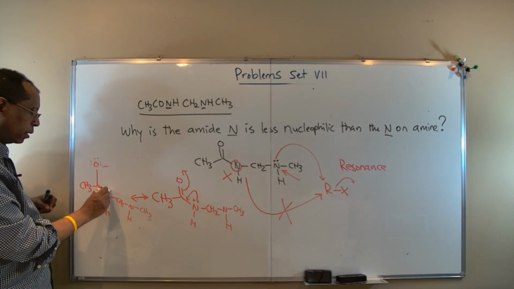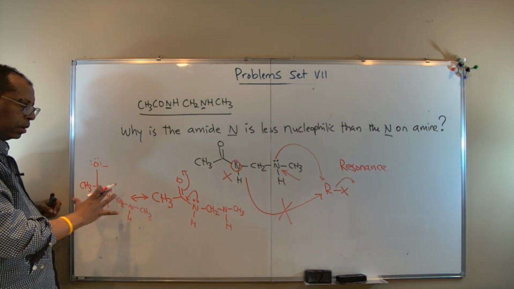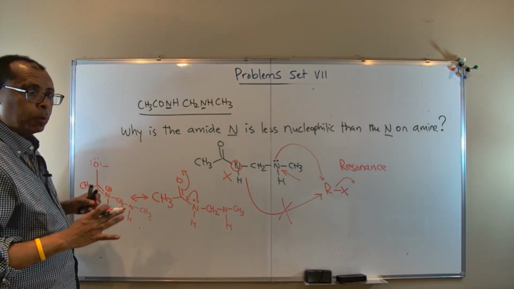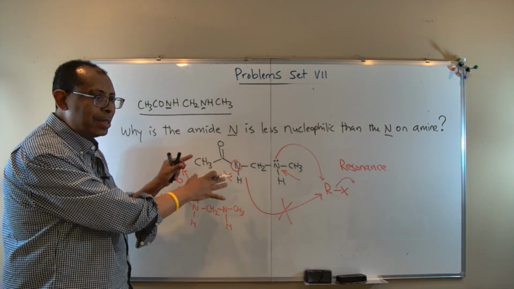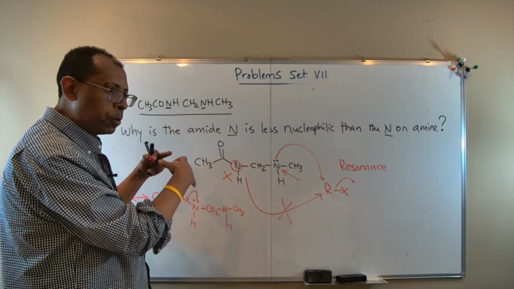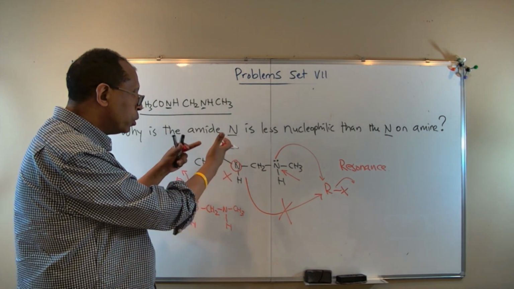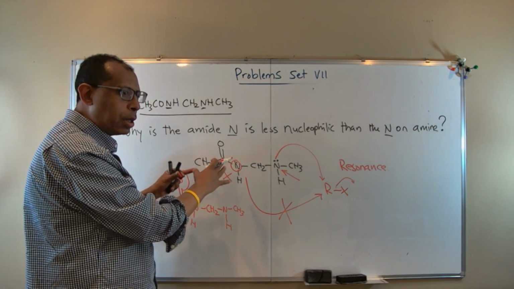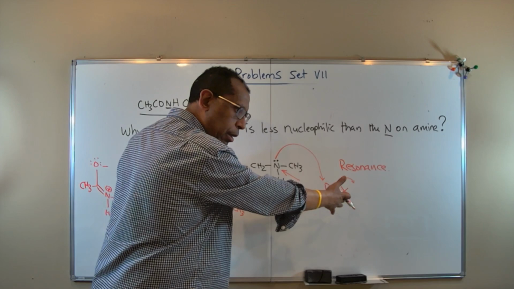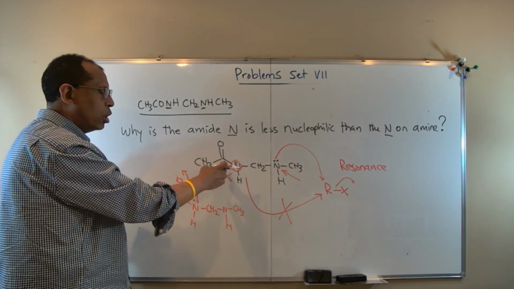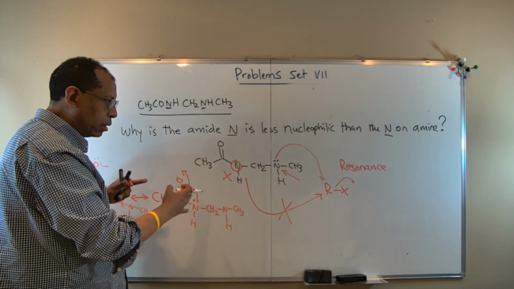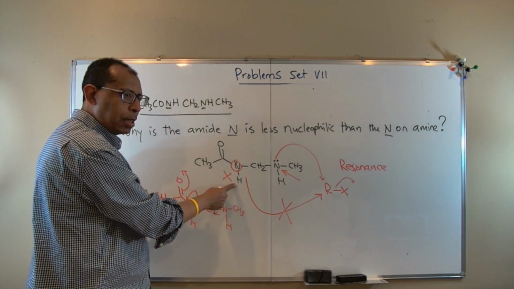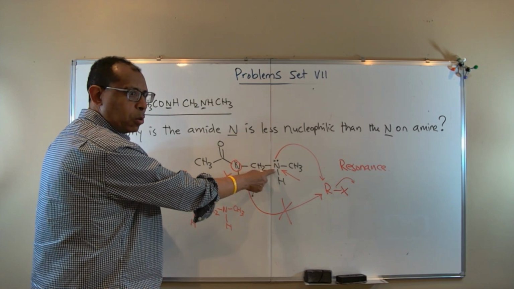So because of this resonance stabilization, these electrons are not available. They are stabilized within themselves. Resonance has a possibility to stabilize any structure. That means the electrons are not available to go somewhere else, because they also have a chance to delocalize within the molecule. So resonance explains why this is less nucleophilic than the other one.